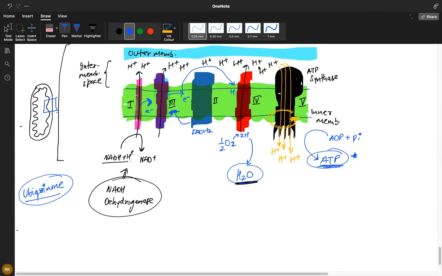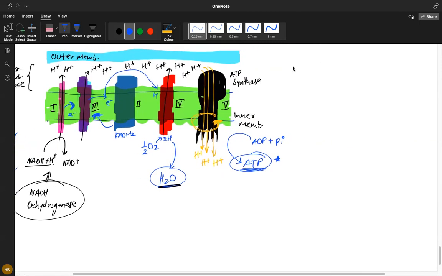And this gradient where you make positive ions on the outside of the inner membrane and negative ions on the inner side of the inner membrane, which is the matrix, so the matrix will be negatively charged as compared to the intermembrane space, which is the outer side of the inner membrane, that is positively charged. So this kind of gradient is known as electrochemical gradient.